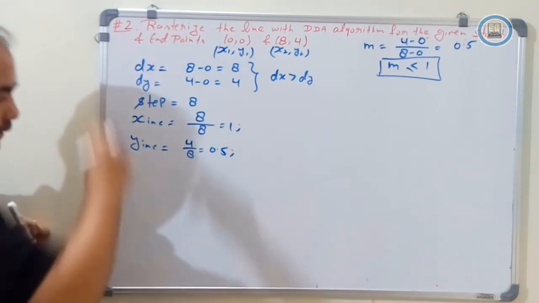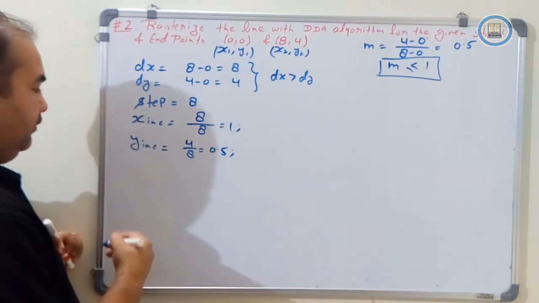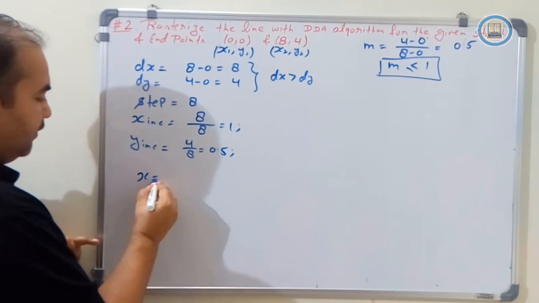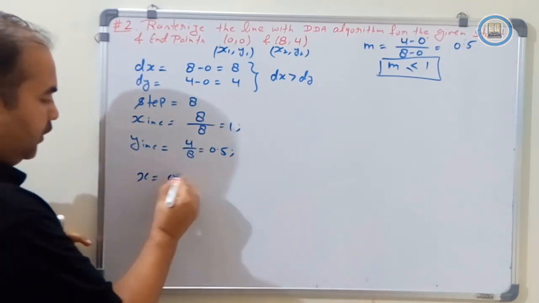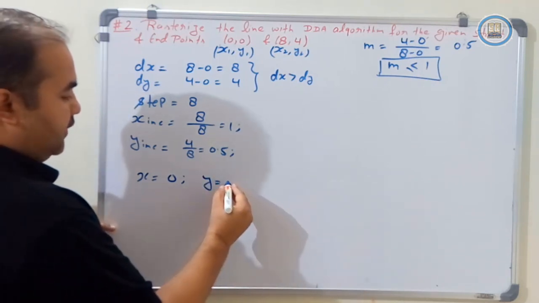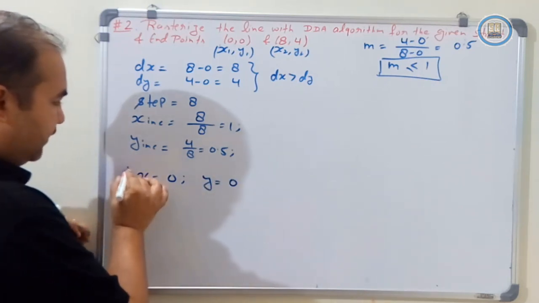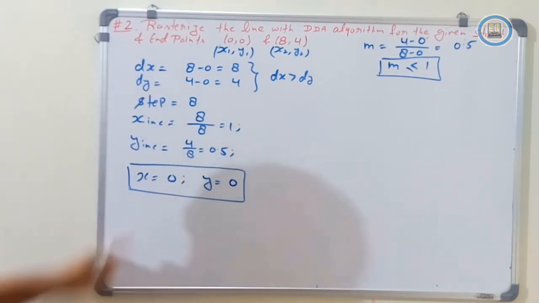The next thing we need to calculate is the starting point or starting pixel. The starting point is given to us: x equal to xa or x1, it is 0, and y equal to ya or y1, it is given to us 0. So the starting pixel will be 0, 0 according to the algorithm.